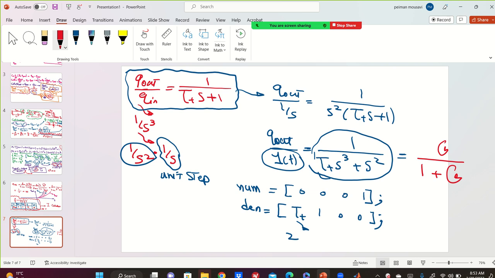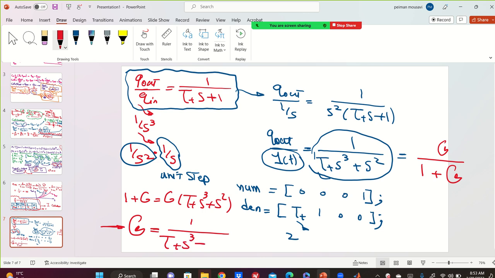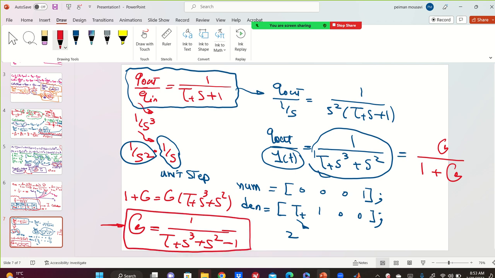So you have here 1 plus g equals to g, tau t s cubed plus s squared. From here you get the open loop transfer function: 1 over tau t s cubed plus s squared minus 1. So in Simulink, you have to put this.